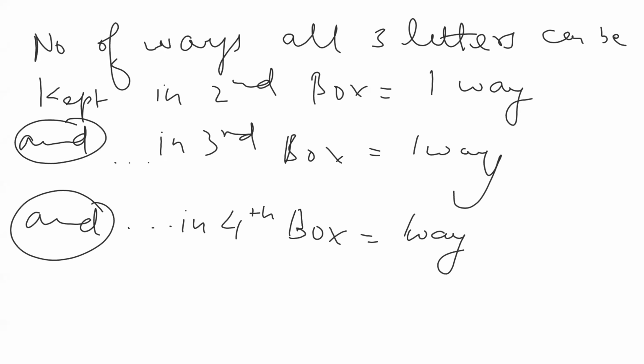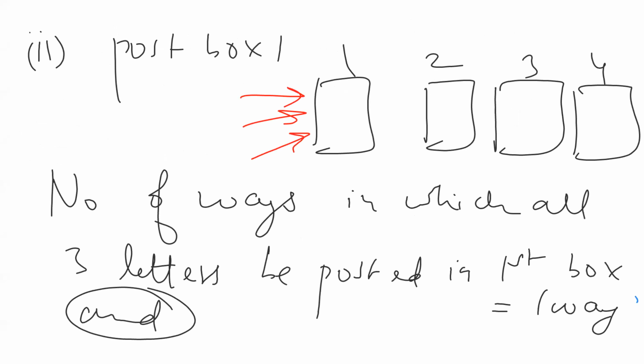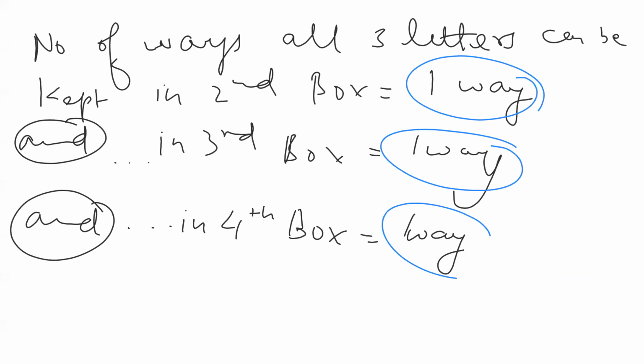Now tell me guys, are these 4 ways allowed or not allowed? This is a total of 4 ways. Just read the problem. You need to read the problem clearly.